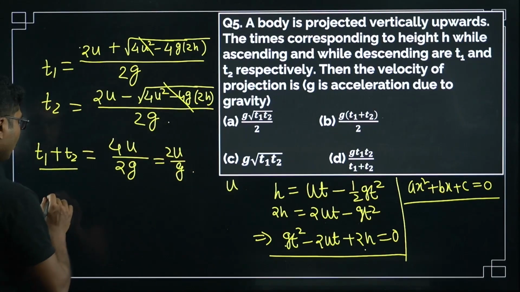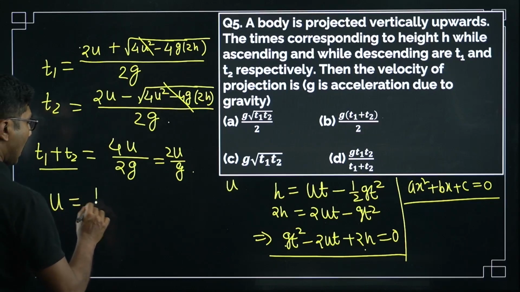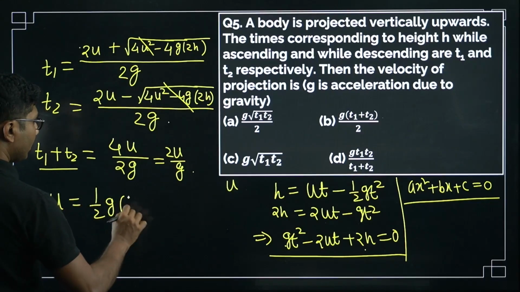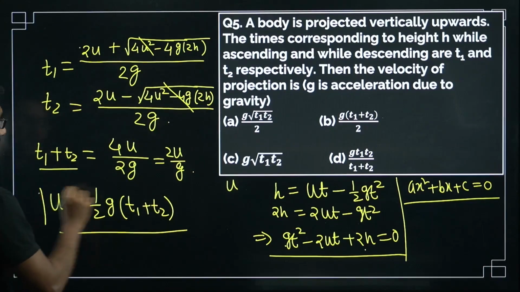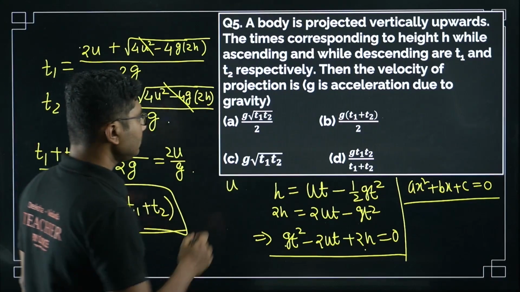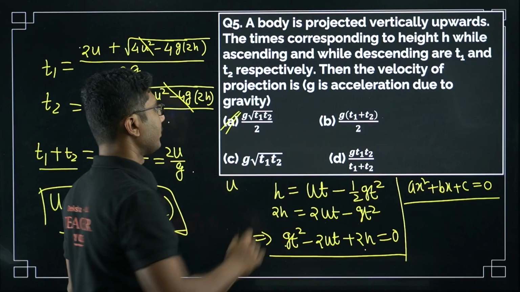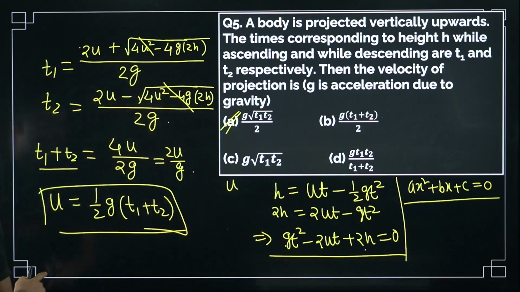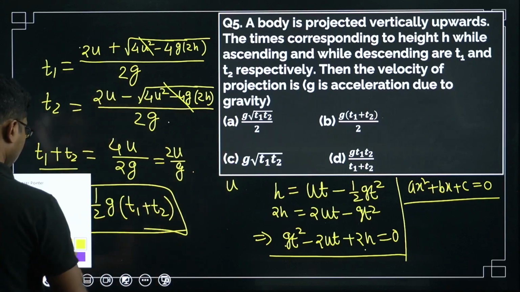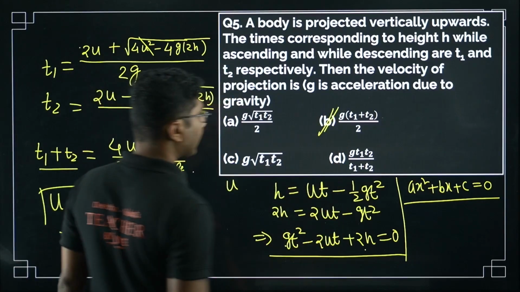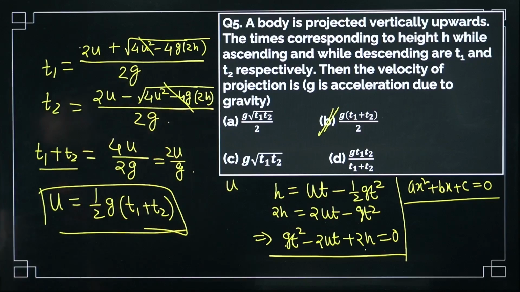We are trying to find u, so u equals half g into t1 plus t2. This is the answer. So the correct answer is option A. No, sorry, option B. Option B is the correct answer, right?